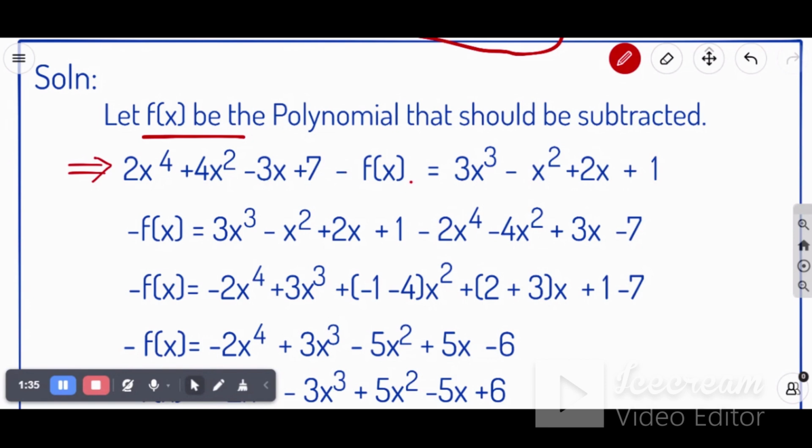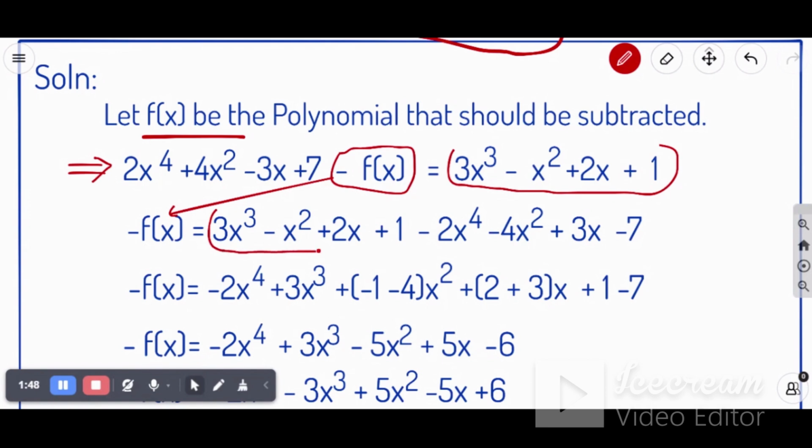What should be subtracted? f of x. So now I am keeping this minus f of x on the left hand side as such. The right hand side, first of all, I am writing 3x square minus x cube minus x square plus 2x plus 1. So this is written first after the equal to symbol.